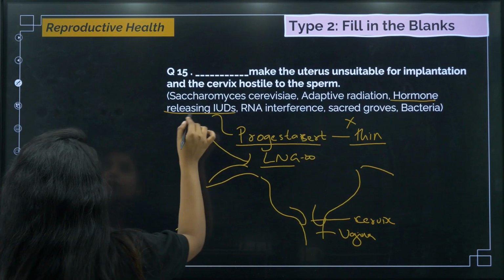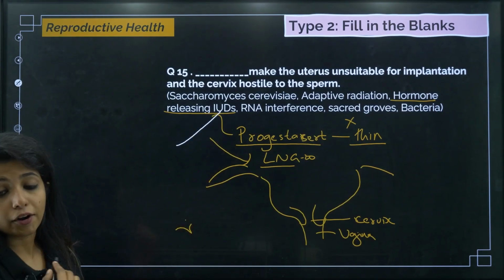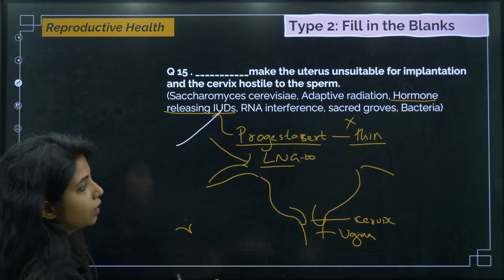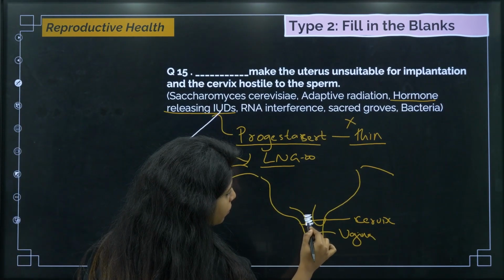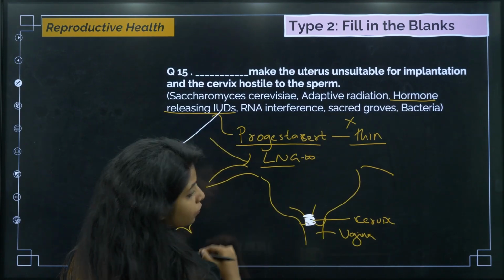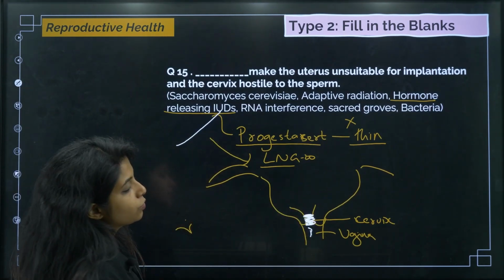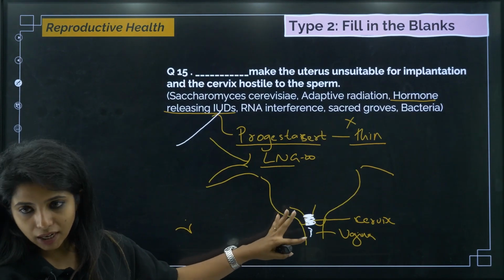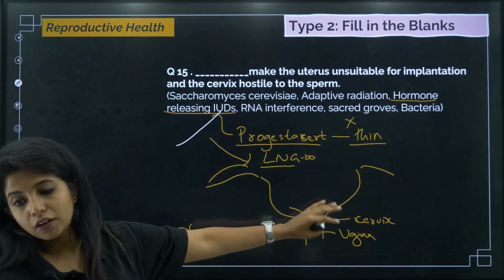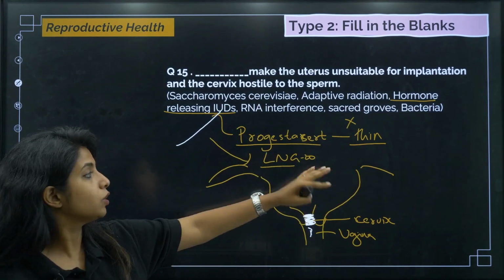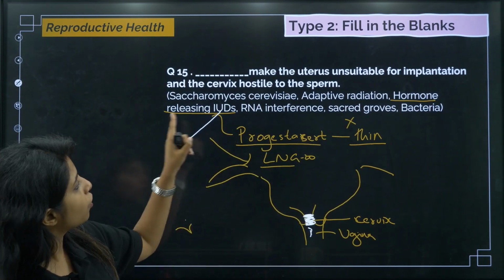When you are having hormone releasing intrauterine devices, this is one type of contraceptive method, and this one is hormone releasing, it helps in the formation of a mucus plug around here such that the sperm would not be able to get inside. So it is making the cervix hostile to sperms. Then second thing, it is making the uterus unsuitable for implantation. By any chance if the sperm has come in, then also it is making the uterus unsuitable for implantation. This is hormone releasing IUDs.